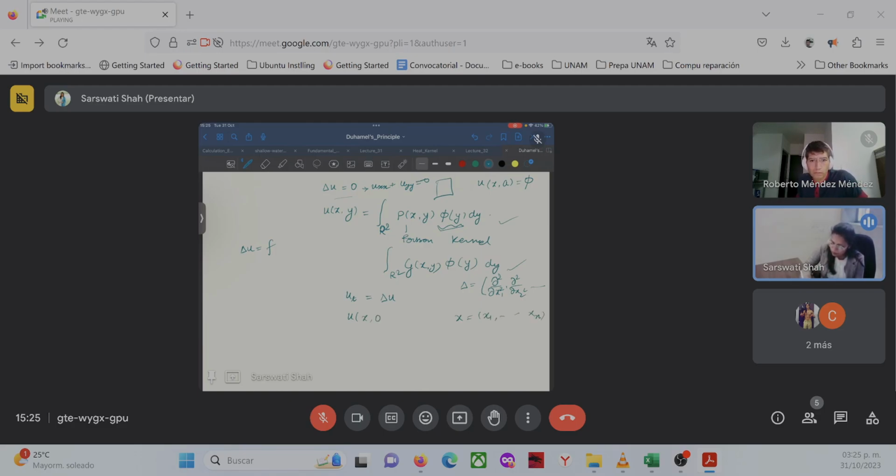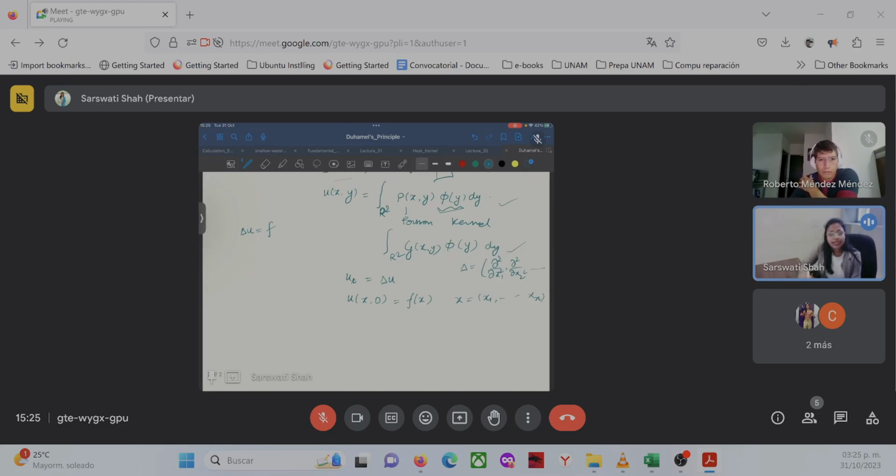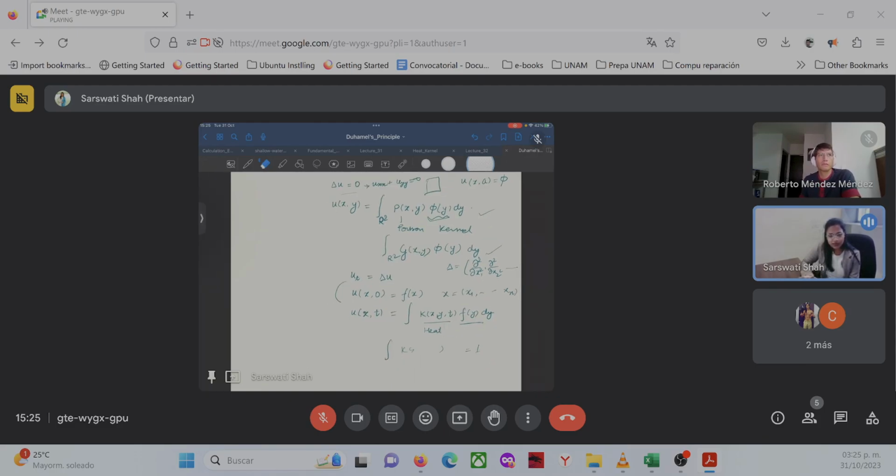Suppose that u of x comma 0 is given by some variable function, that the initial data is given by some function. In that case, the solution of this equation can be written as u of x comma t equals integration of k of x y t times f of y dy. It means that the initial function was supported by this heat kernel, where the integration of the heat kernel was 1. Is it clear? So the same thing I am saying. If you have any doubt in these 3 lines, then you can ask.